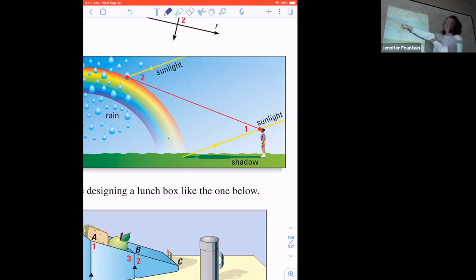So if 2 is 42 degrees, then how am I going to figure out what 1 is? Oh, they're alternate interior, which means they are congruent, which means they are the same. They're alternate interior angles, so they're going to be congruent. They're going to be the same.